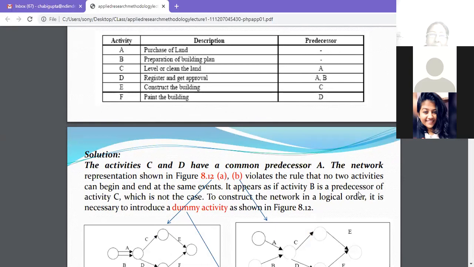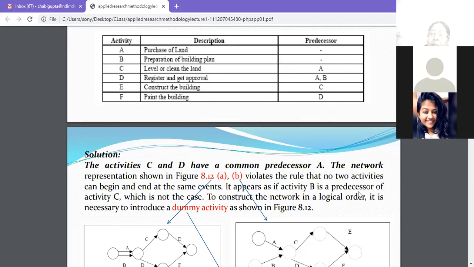See, look at this. First, you note the question. A, B, C, D, E, F activities are given to you. And predecessor means which activity comes before that activity. So the preceding activity is given to you. Like here you can see in the question, purchase of land and preparation of building plan both start from dash.